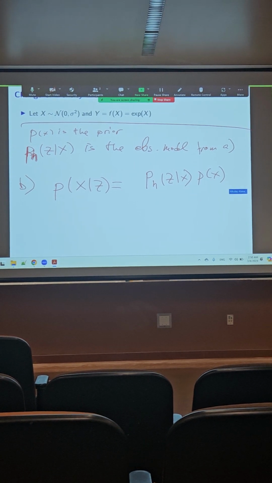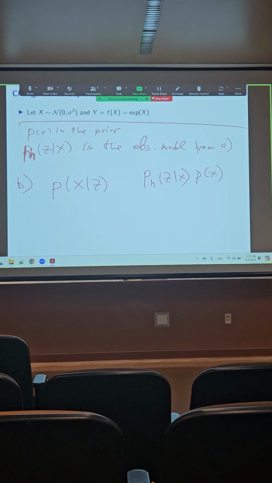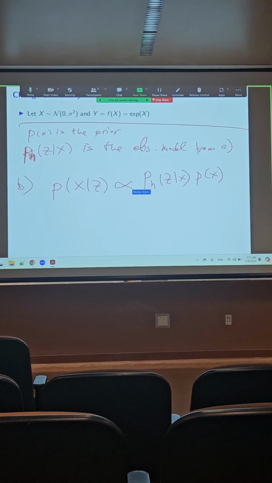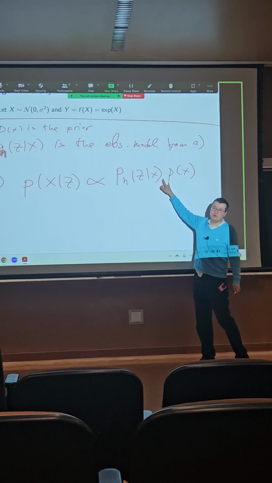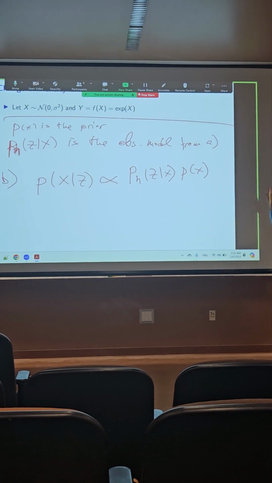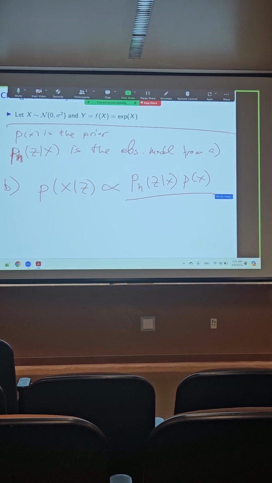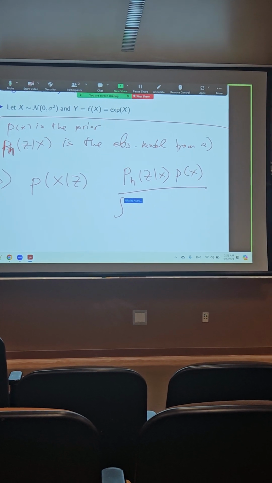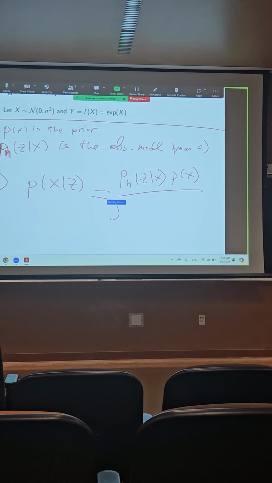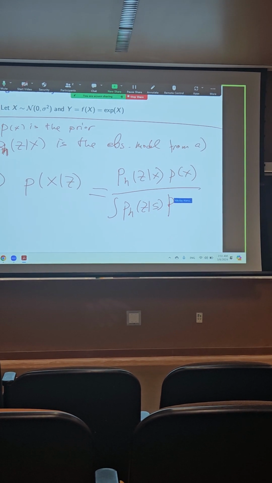I forgot if it's hard to do for our problem, but it's essentially proportional. The way I would compute it is take the product of these two and make sure that it integrates to 1. If you want it in explicit form, we should divide by the integral of the numerator to make sure that it integrates to 1, so it's going to be p_H of z given s, p(s) ds.